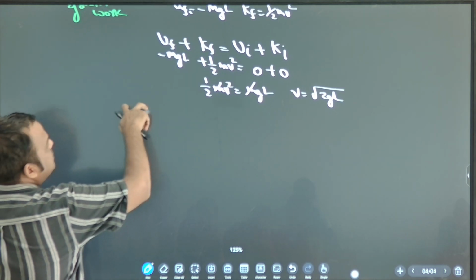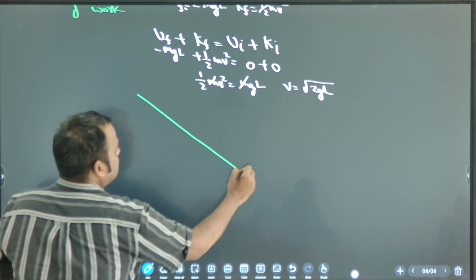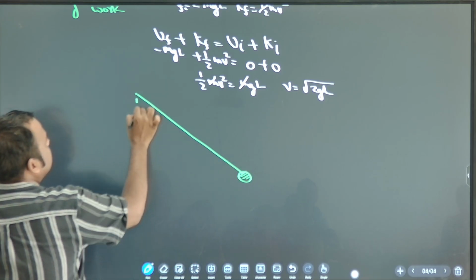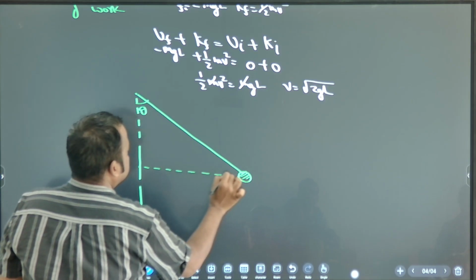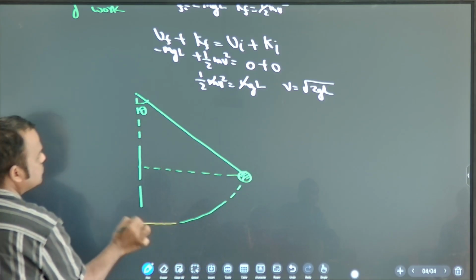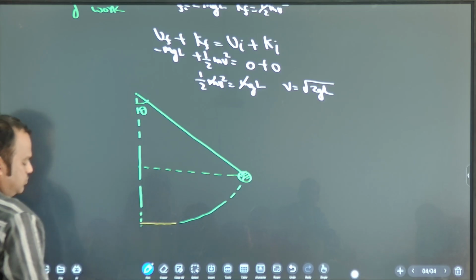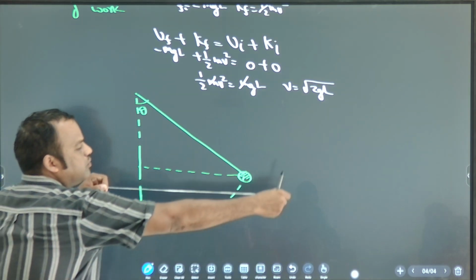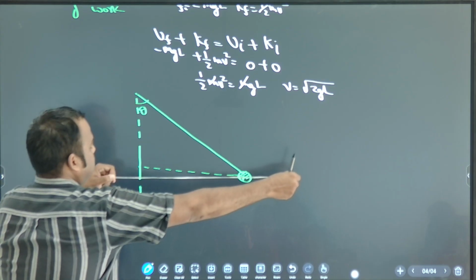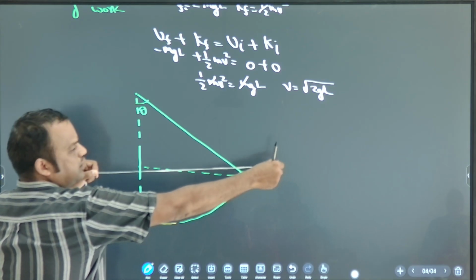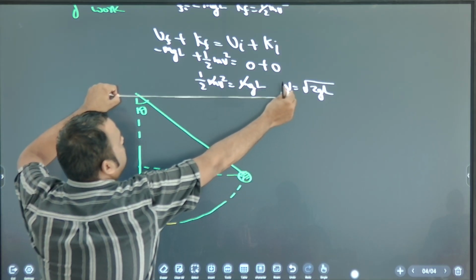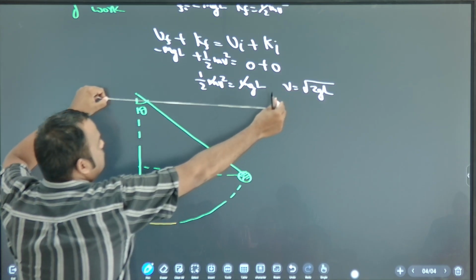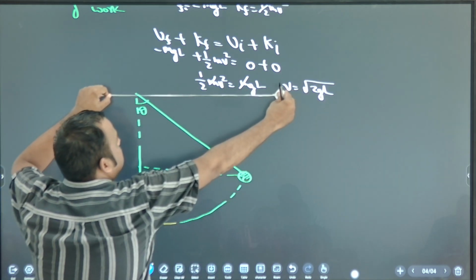Okay. Last. Initially it is making theta with vertical. So like here, what is the angle now? Theta with vertical. When it is horizontal, what is theta with vertical? 90.